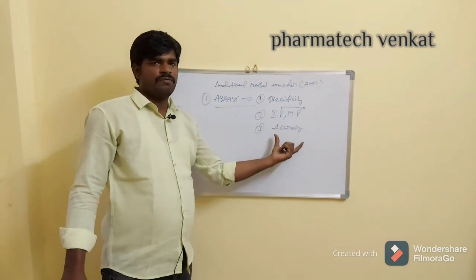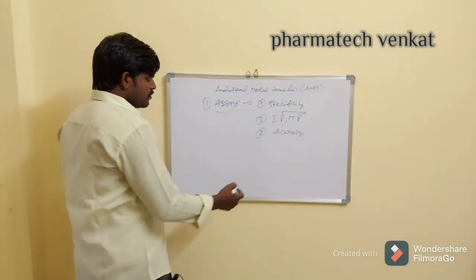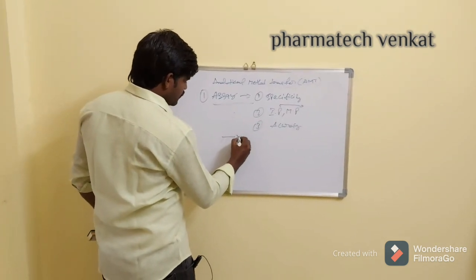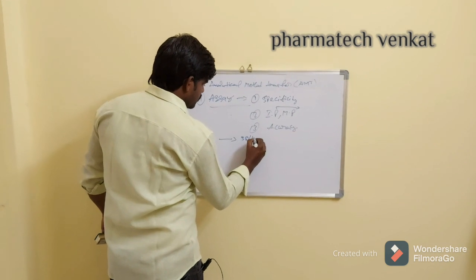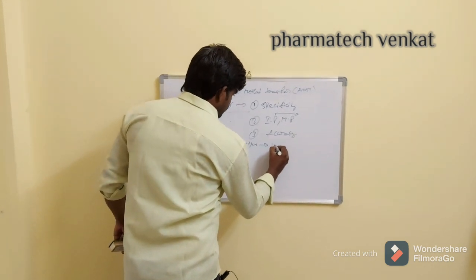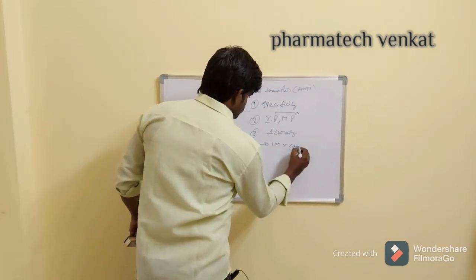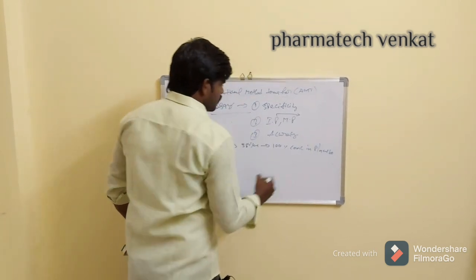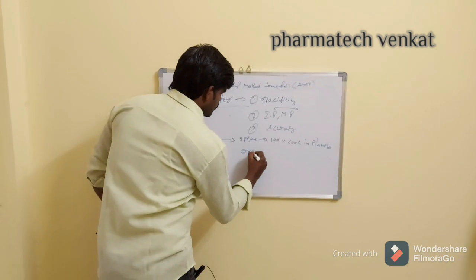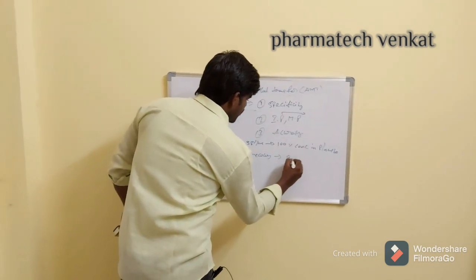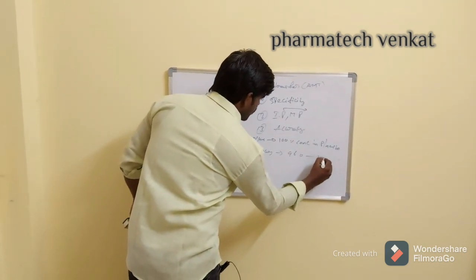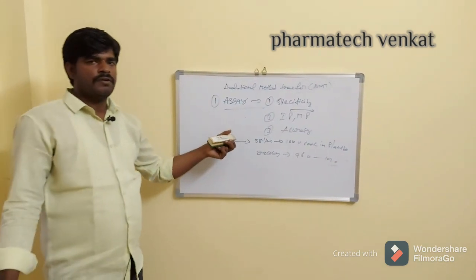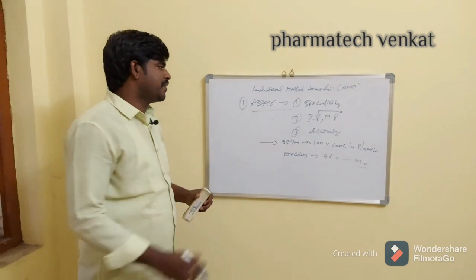In those cases, we perform the accuracy study. Accuracy means we spike the 100% concentration in placebo and check the recovery. The recovery should be 98 to 102%. Then the method is okay to be used in this particular laboratory.